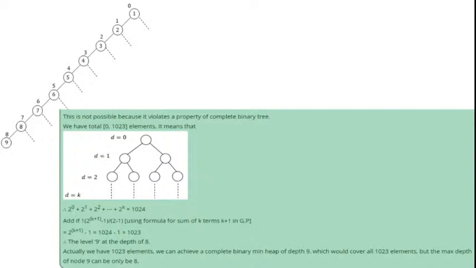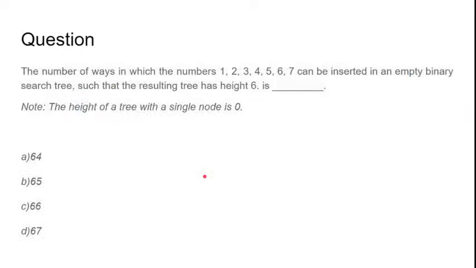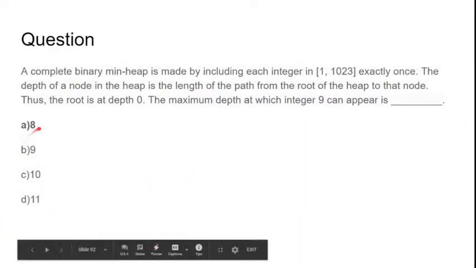The first is depth 0, so the depth here is 8. Actually we have 1023 elements. We can achieve a complete binary min heap of depth 9, which would cover 1023 elements, but the maximum depth of the node 9 can be only 8. The maximum depth is 8.